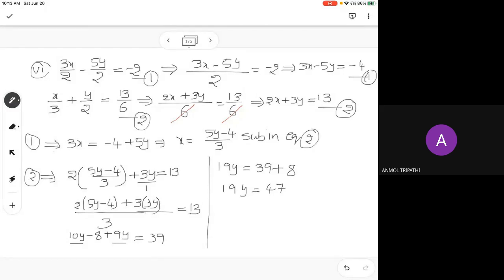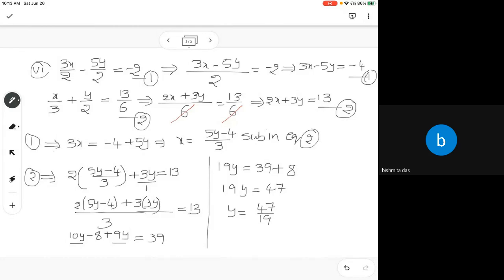So when we substitute this value, we get y value as 47 divided by 19. Whether we are going to get 3 here? No, sir, we are not going to get 3. Usually whenever problems are given to you, we get problems with integral coefficients only.